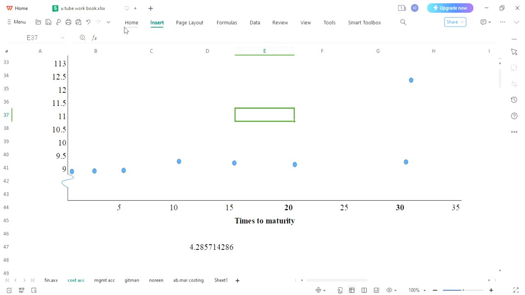And the next step is to join these points with each other, for which we are taking a line. How to join?